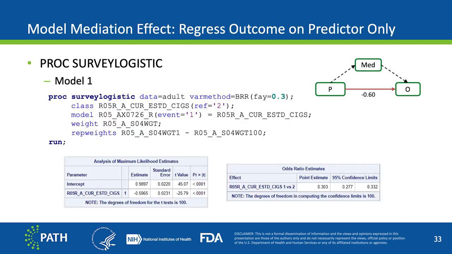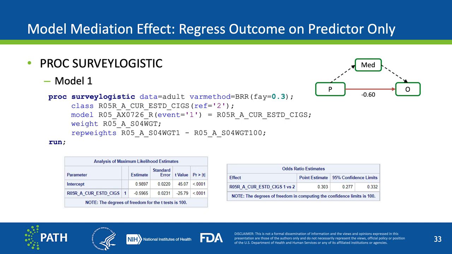Even though the 3-step approach Dr. Opstremer just explained doesn't fully work for logistic regression, here we would like to walk through the steps to show how the effect or regression coefficient of the predictor is affected by the presence of a mediator in the model.